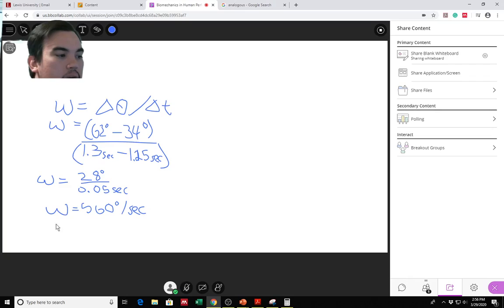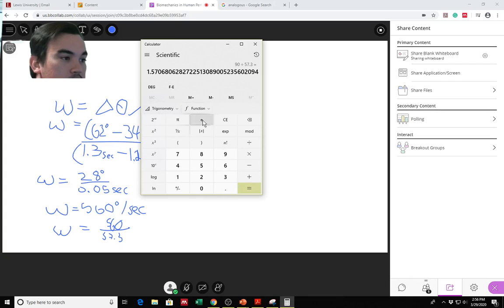Okay, and then how I would change that into radians would be w equals 560 divided by 57.3, and that would give me my radians. I'm not sure off the top of my head what that is.